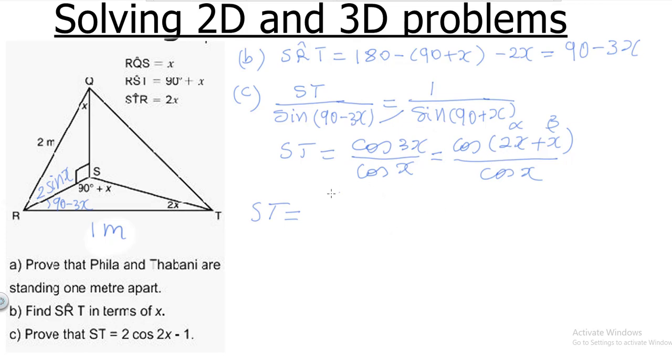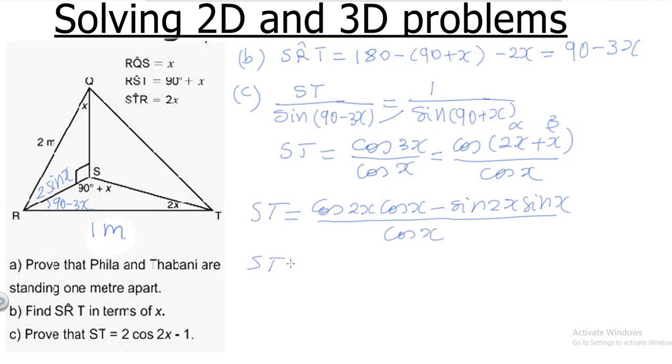You will see that we'll have cos alpha, which is 2x, multiplied by cos beta, which is x, then minus sine 2x multiplied by sine x, all over cos x.